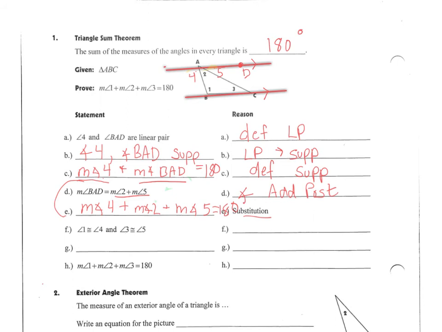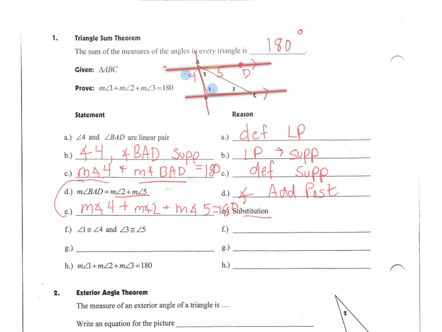Okay. Now from there, we're going to look at what's next, which tells us that angle 1 is congruent to angle 4. Well, let's locate where those are. Angle 1 is here and angle 4 is there. If we were to extend this line also, we have two parallel lines cut by a transversal, and if you look at where those are located, those are alternate interior angles.